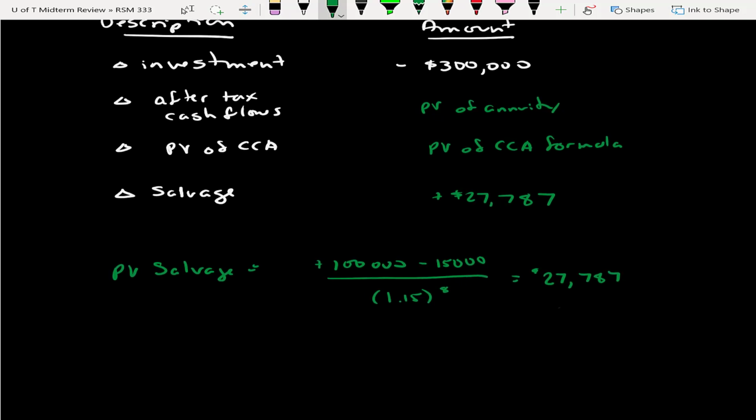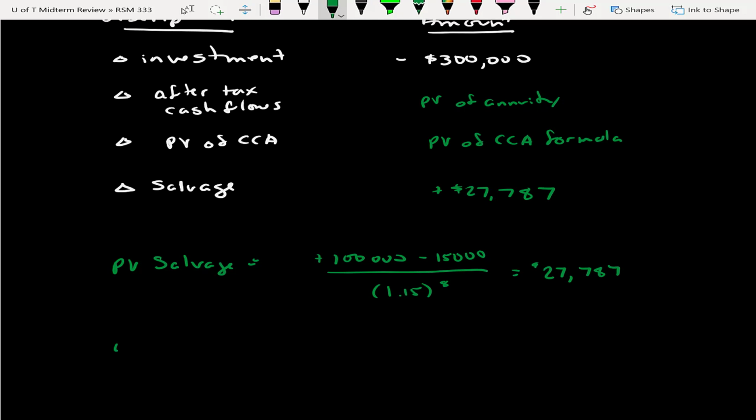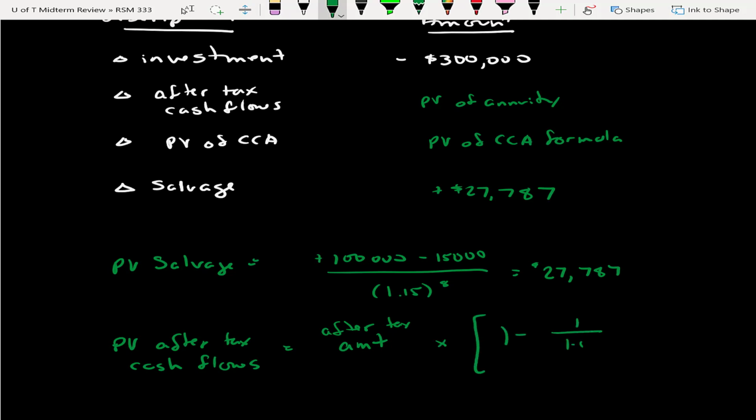The next one is the after-tax cash flows. This is just a straightforward ordinary annuity. The amount, after tax, times the annuity formula, 1 minus 1 over 1 plus r to the n, over r.